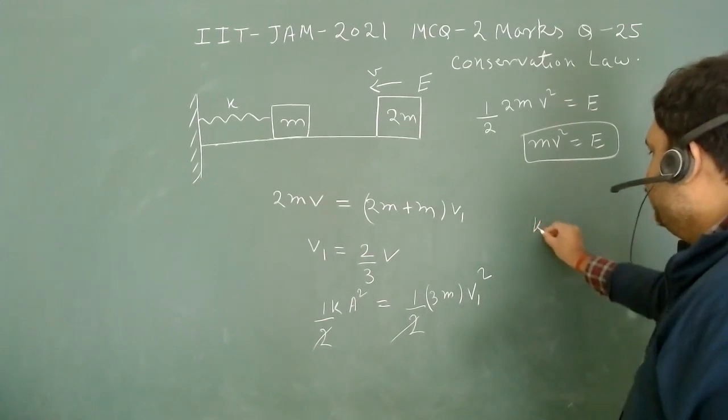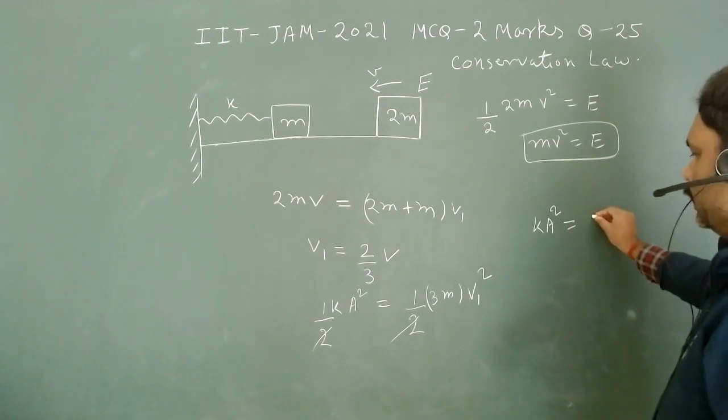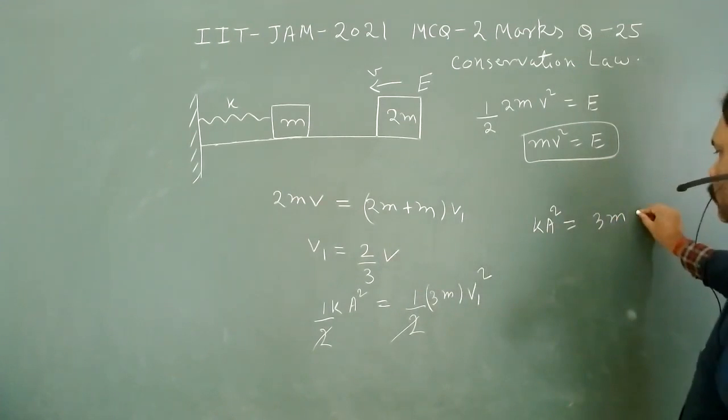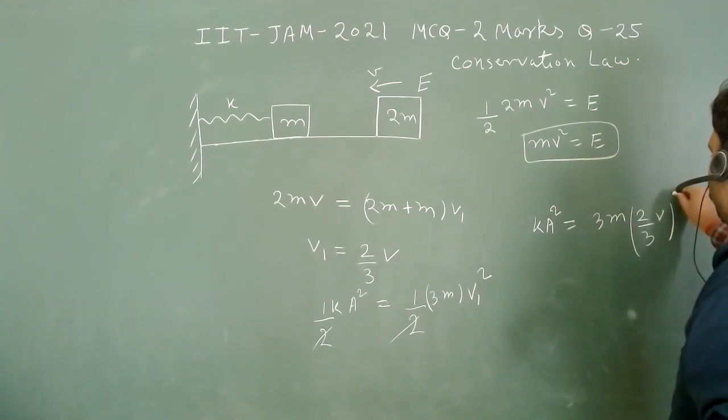So we have K A square is equal to 3m, and I can put v1 is equal to 2 upon 3 v, squared.